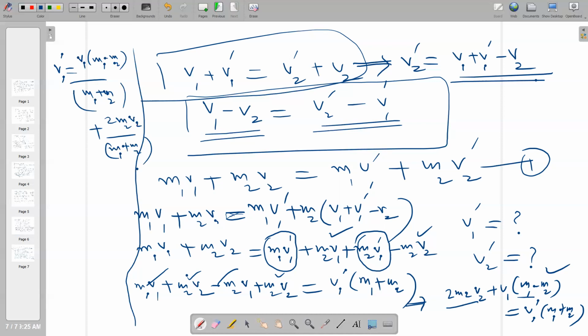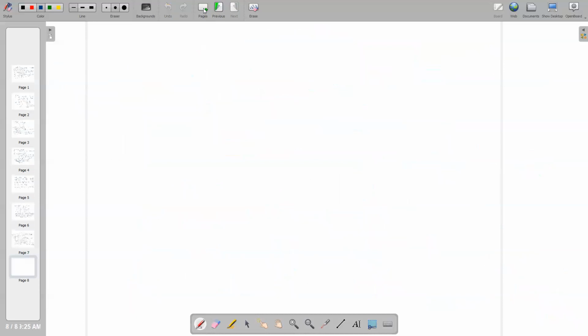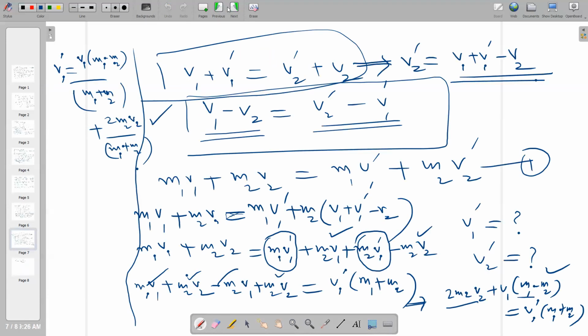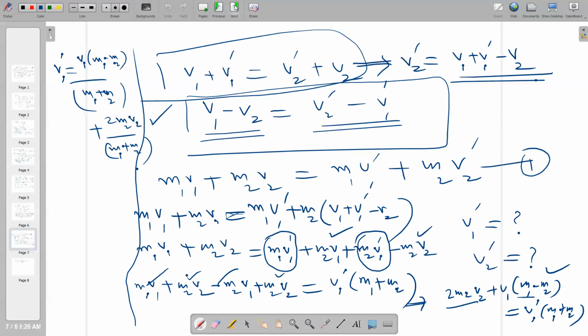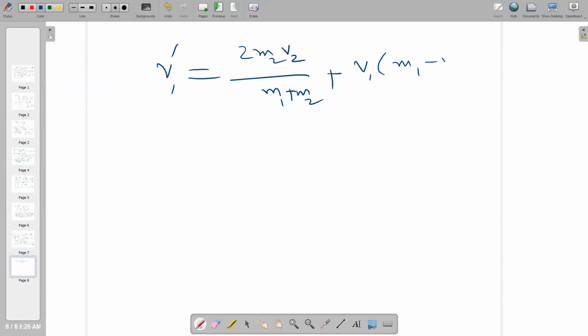So I am writing this equation on the next page: v1 dash is equal to 2m2 v2 over m1 plus m2, plus v1 into m1 minus m2 over m1 plus m2.